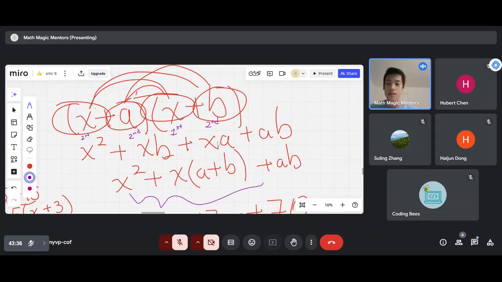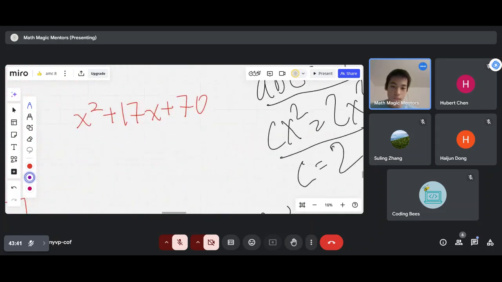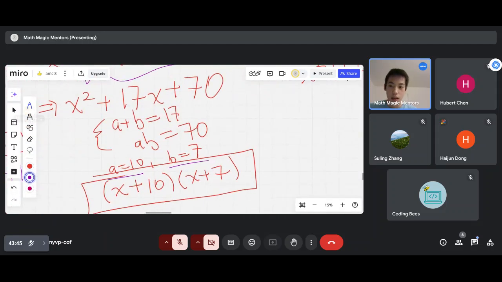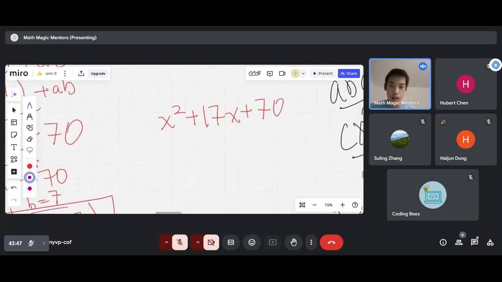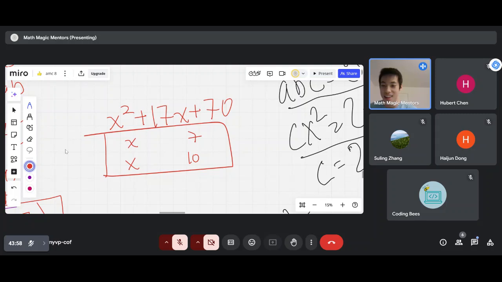B is the second term of x plus b. And so if you think about it, we already factored this quadratic, x squared plus 17x plus 70. Let's write the result that you will get from the box method, because you can just draw a box.